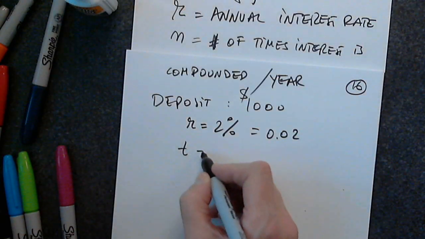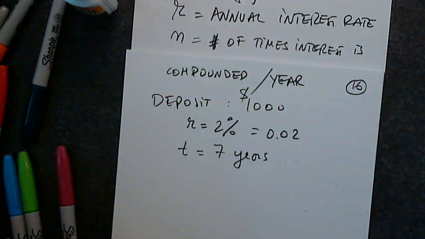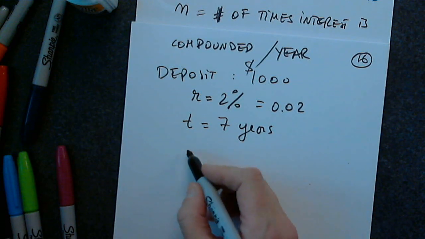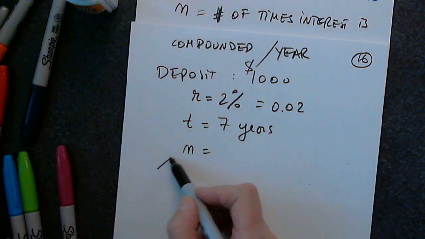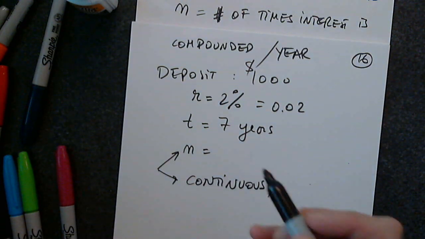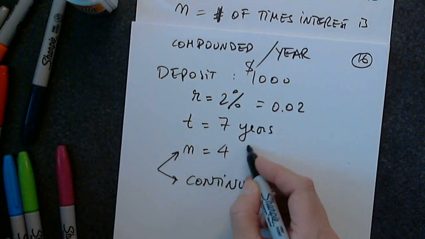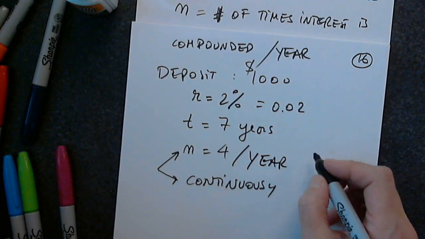Okay, let's say in how many years we would like to deposit this amount? 7 years. And finally, how many times do you want? We're going to look at two different scenarios. One continuously, and the other one, how many times would you like the interest to be recalculated per year? Every month, every week, 4 times a year, twice a year? 4 times a year. We call that quarterly.